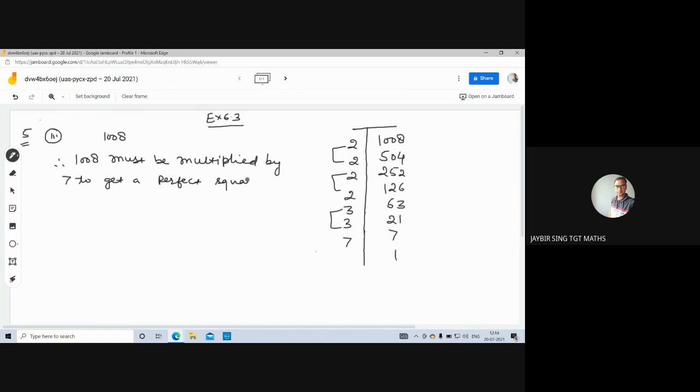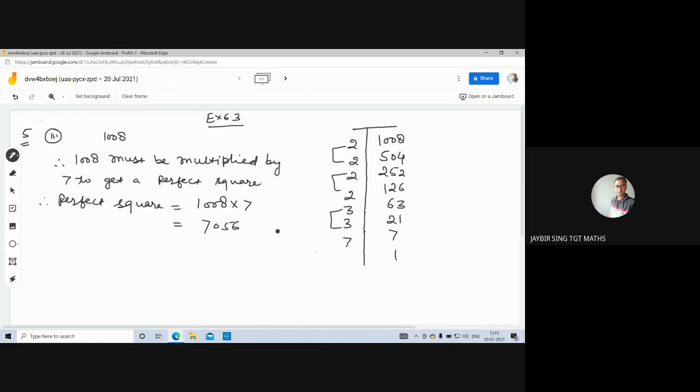Now what will be the perfect square then? The perfect square is equal to 1008 multiplied by 7. So this is 7 eights are 56, 7 zeros are 0, 7 ones are 7.